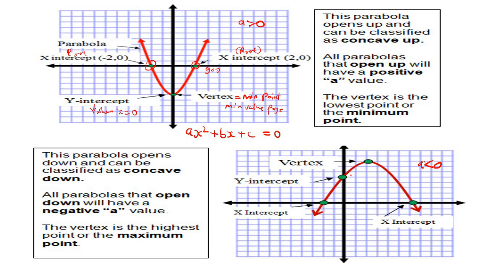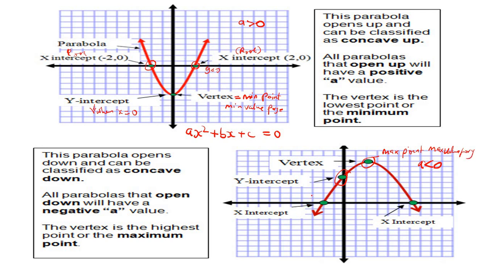So here we have our y-intercept. Here is our vertex. When you have the concave down, your vertex becomes the maximum point, where you have the maximum value for y.